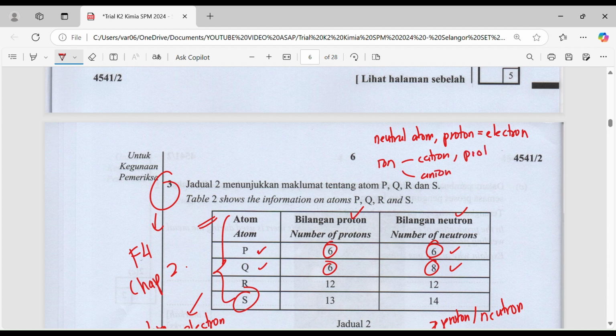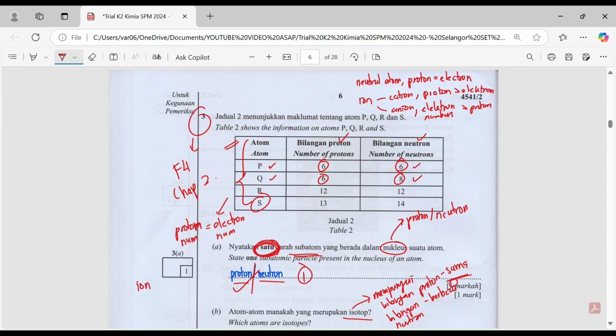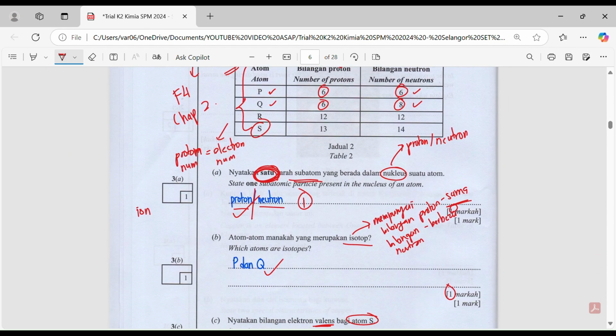And cation is where the proton numbers are more than the electron numbers. Whereas for anion, the electron numbers are more than the proton numbers. Right? Yes. Okay? So now in this case, since we have proton 13, the electron number will also be 13.